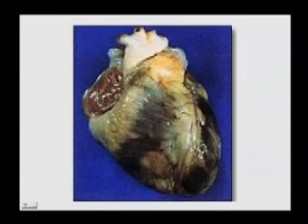So the first thing we notice is that in the space just under the epicardium or the visceral pericardial layer, we see the glistening epicardium or visceral pericardium, and the fat has accumulated in the right atrioventricular sulcus, on the pulmonary trunk here, and in the anterior interventricular sulcus.